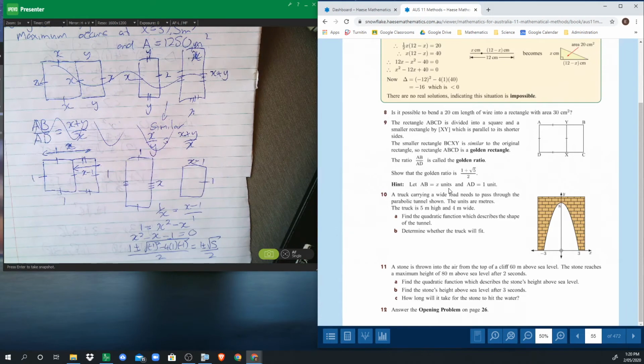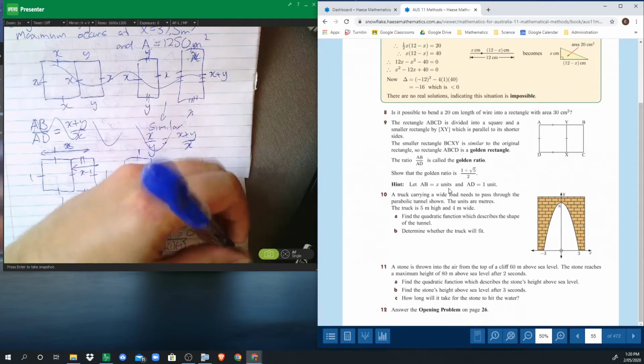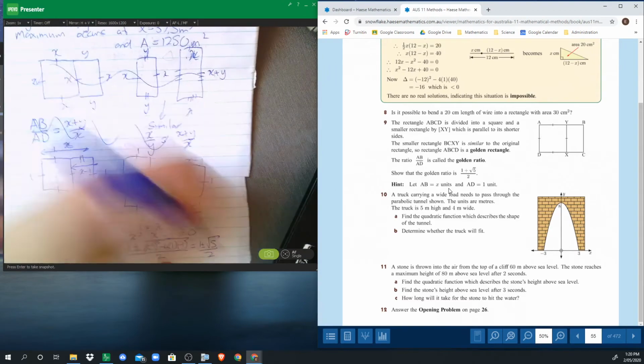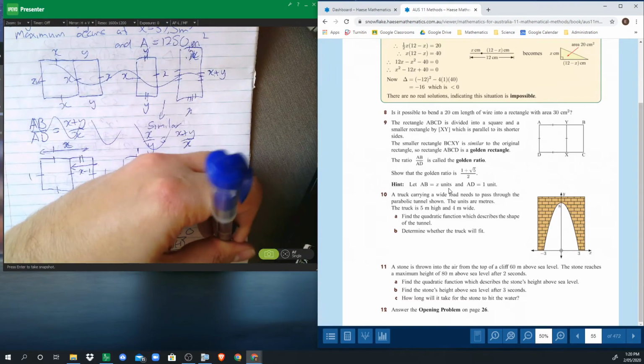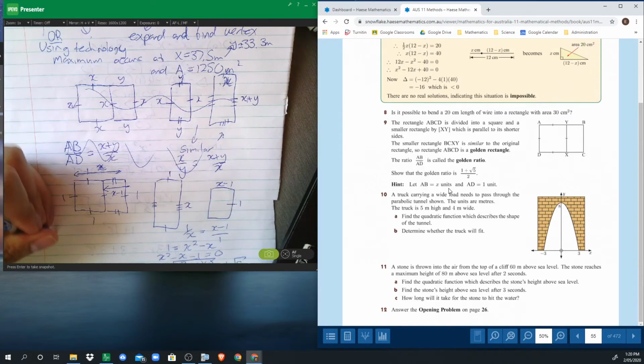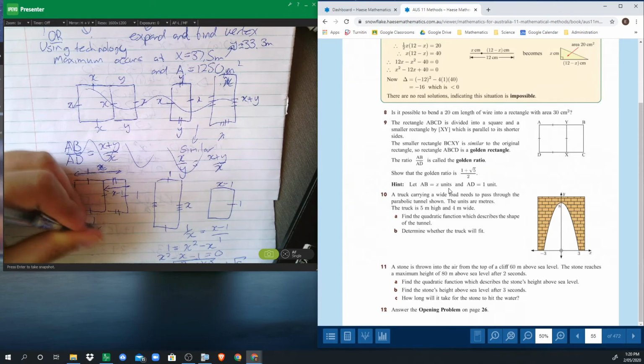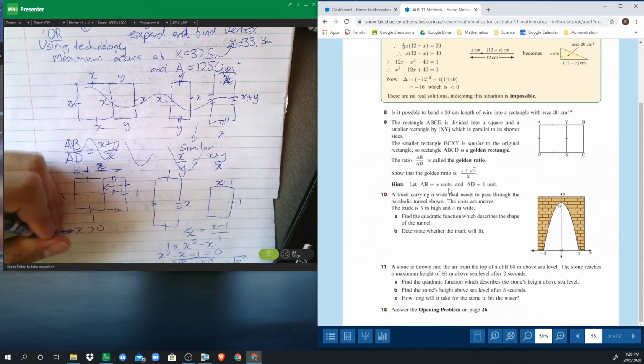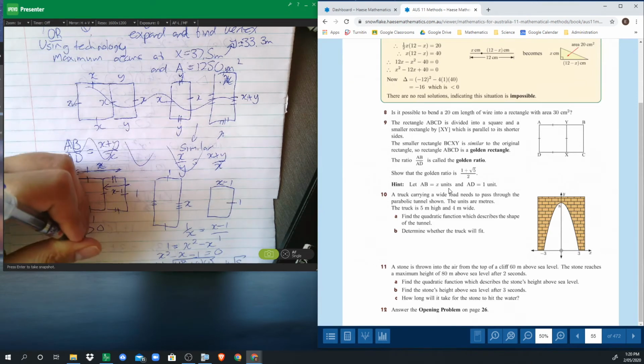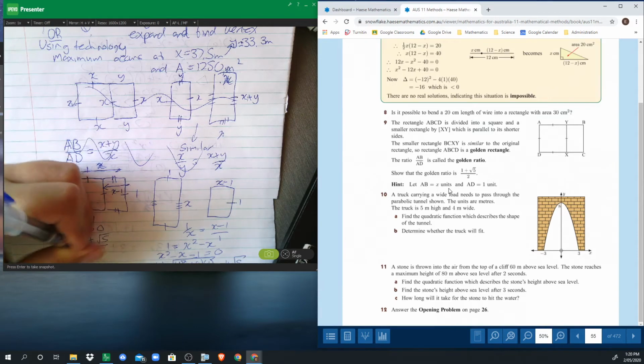Yes, as desired. Now just double check. Plus or minus, but in terms of length x must be greater than 0, thereby x equals 1 plus root 5 on 2.